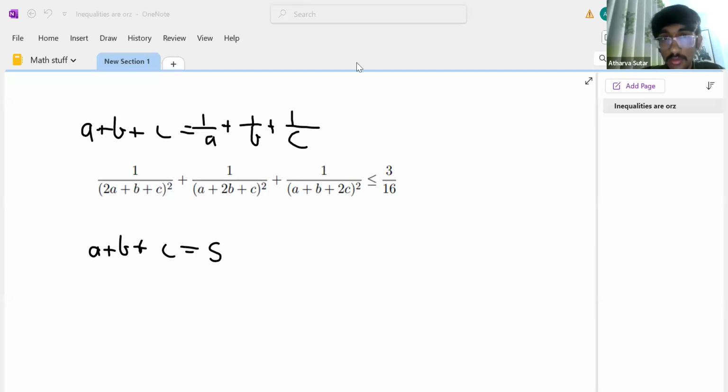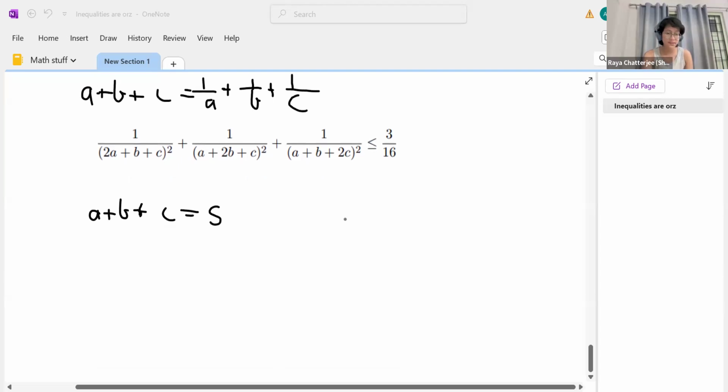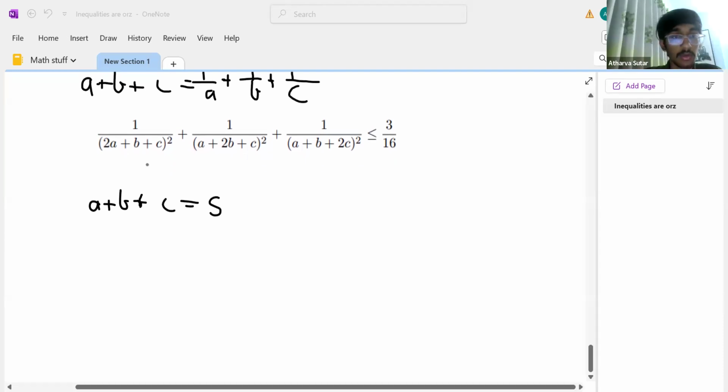Okay, so any ideas for what f might be? 1 by (S plus x) whole squared or something like that. Yeah.